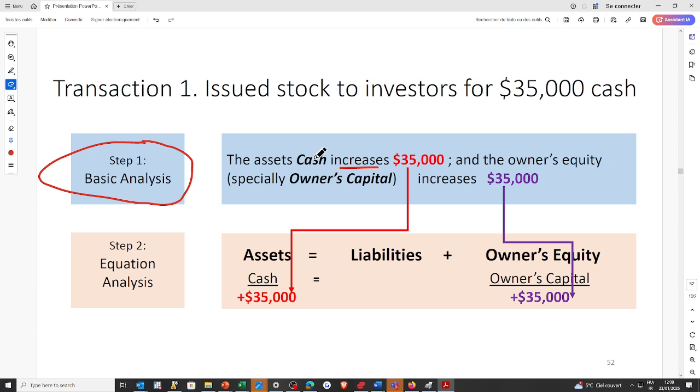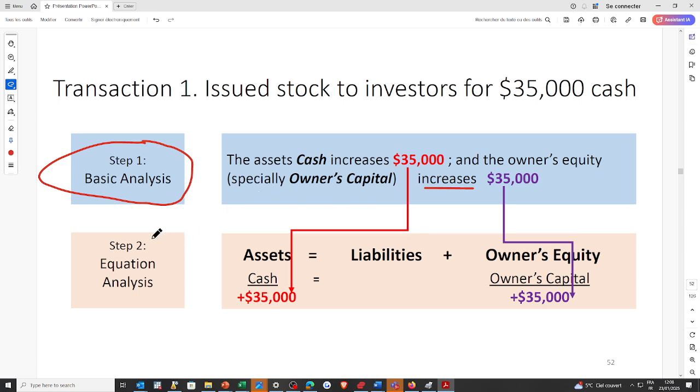It means that your asset cash already increased by 35,000, right? And the owner equity account, here we can call the name of this account owner's capital, also increases the same amount of 35,000, right? So this is the first step. You know that there are two accounts that increase, here a cash and owner's capital.